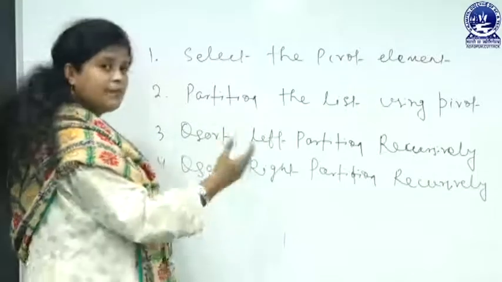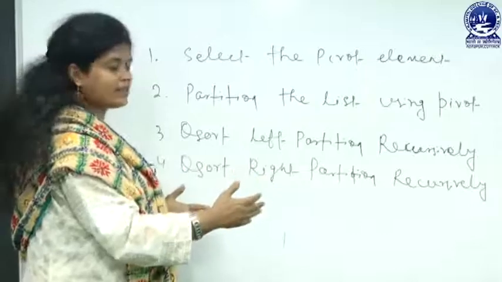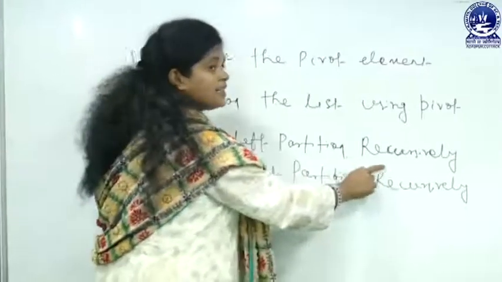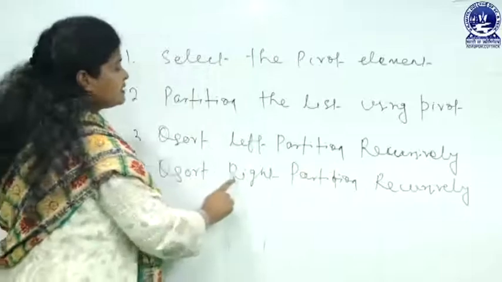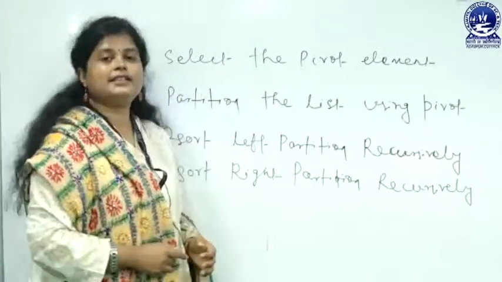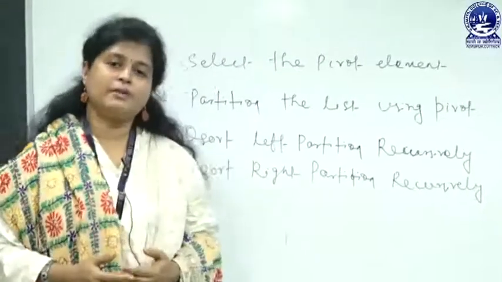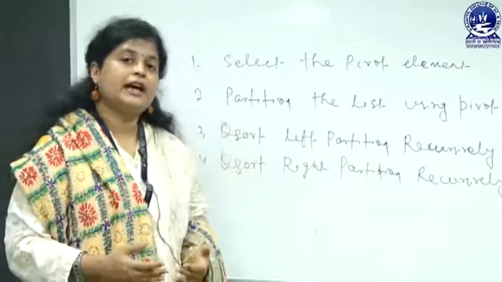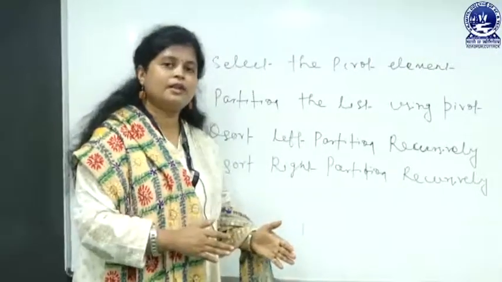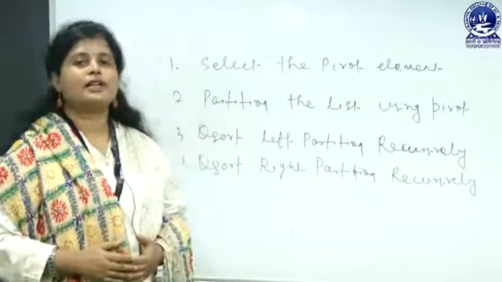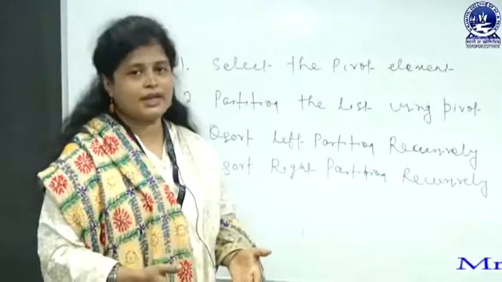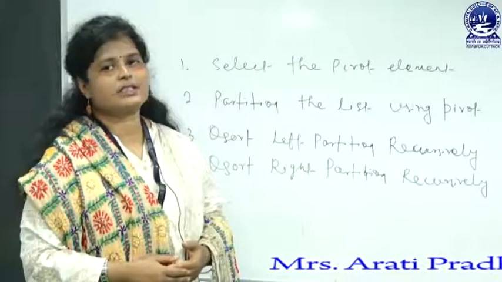Then after partitioning, quicksort the left partition recursively, then quicksort the right partition recursively. In this way, quicksort performs the operation very effectively, as it is using divide and conquer approach and recursion. That is why quicksort is much faster in comparison to other sorting approaches.